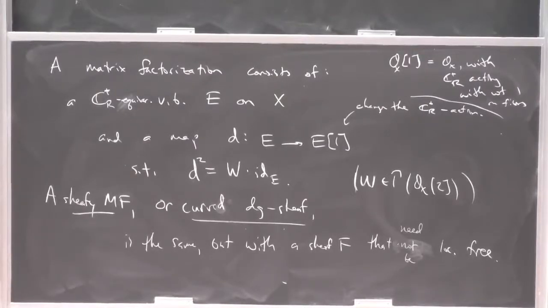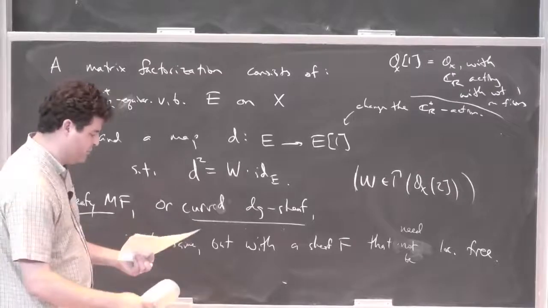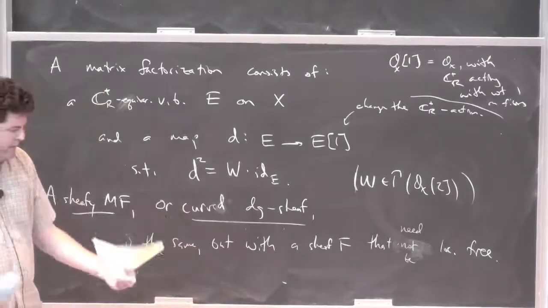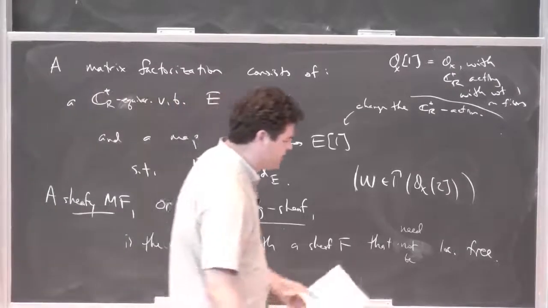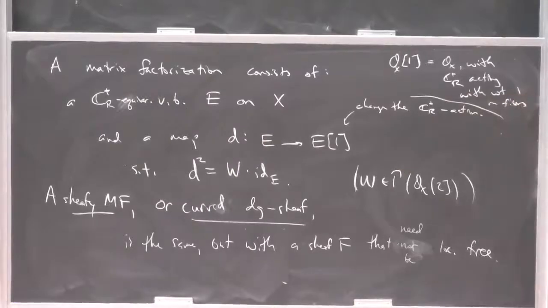It's like if you were going to set up the derived category, you could do it entirely with vector bundles. If you're on a smooth space, everything has a finite resolution by vector bundles. But it wouldn't actually be very convenient to work in that category and not have access to sheaves.